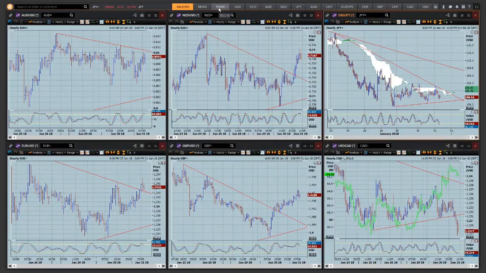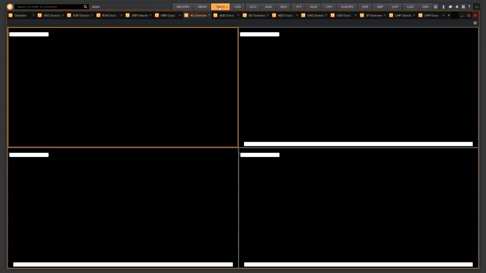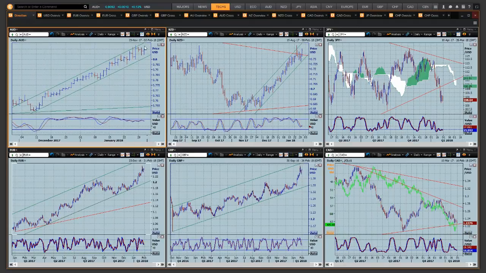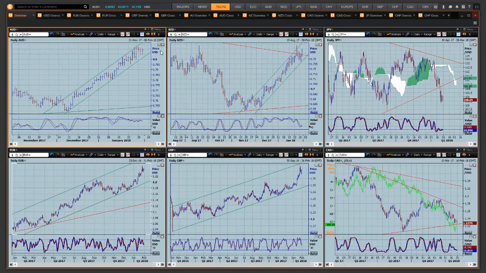Hopefully you understand that the simplest form of identifying currency direction is using the daily charts. Funnily enough, you could use the weekly ones as well, just to identify whether they're going up or down. That's all you're trying to do. You're not trying to work out specific entries and things. You want to be able to look at the currencies at a glance and see if they have clear direction.